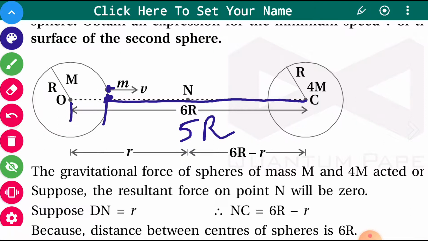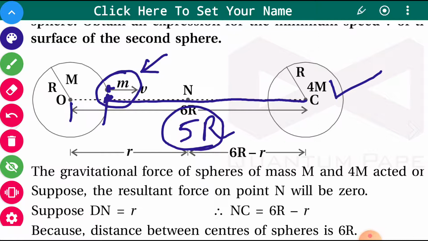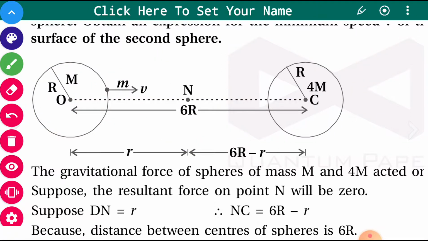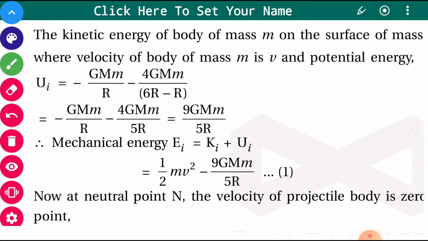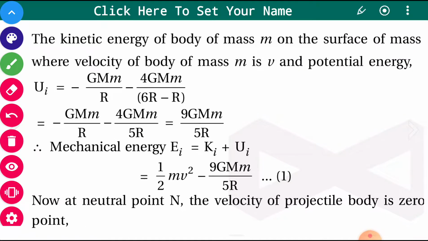So initially the distance of this small m is 5 times r from this second sphere, and initially the distance of this small m from the first sphere, we have to consider it from the center, so this distance will be r, and accordingly the potential energies are written and simplified.